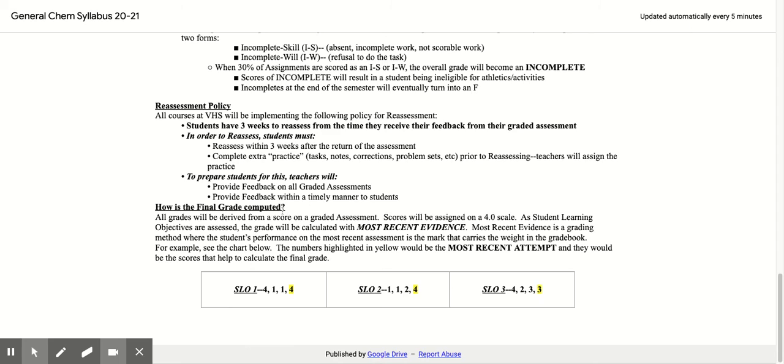And again, if your first score is a 4, and then your second score is a 1, and your third score is a 1, but then your last score is a 4, then the 4 is what you're going to get. So it's based on most recent evidence. And then essentially it's going to be about 12.5% of your overall grade for each of those different categories. Okay? So you'll definitely get a hang of it the more the class goes on.